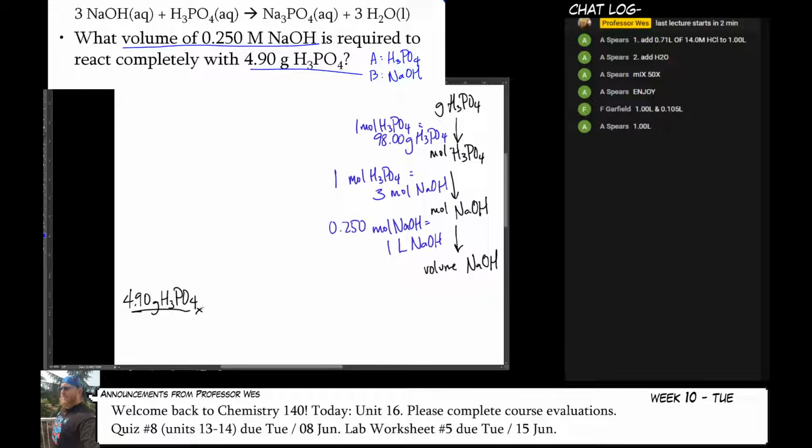So I got 4.90 grams of phosphoric acid. We're going to turn that from grams into moles, just like we have done before. We'll turn moles of phosphoric acid into moles of NaOH, like we did before. And then finally, we'll turn moles of NaOH into a volume.